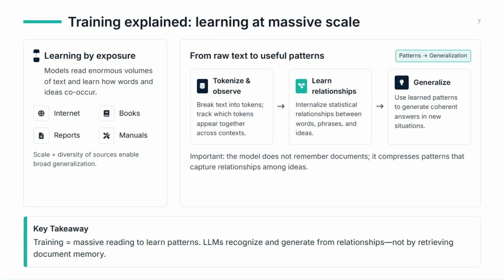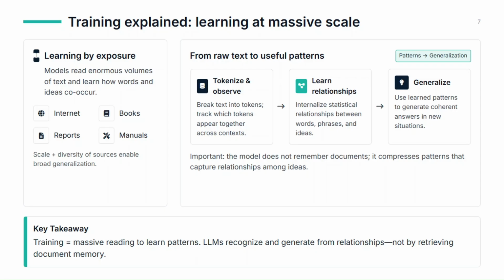Training an LLM means exposing it to a massive volume of text over time: books, reports, manuals, public knowledge sources. The model breaks text into pieces, observes how ideas co-occur, and compresses relationships. It does not remember documents.